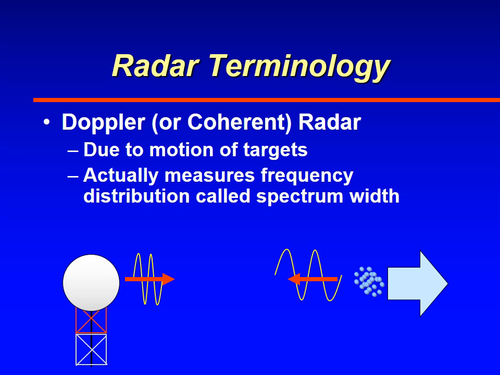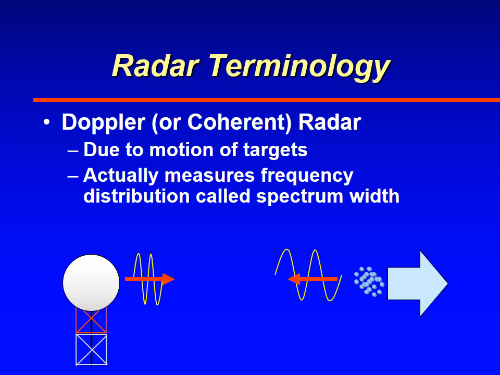If they're moving in one direction, then you can either add or subtract that velocity to the wavelength, and it actually changes the wavelength. So that's how we can tell if precipitation is moving towards or away from the radar within a thunderstorm.